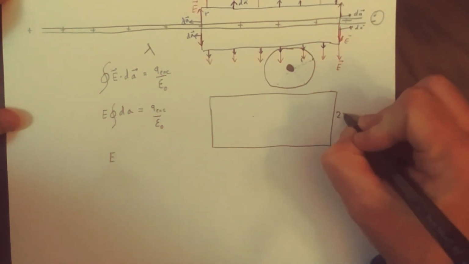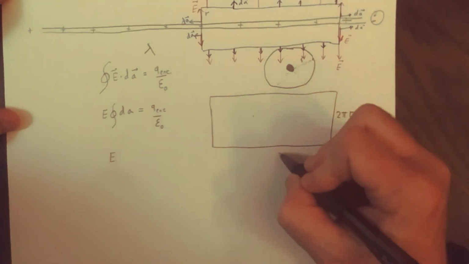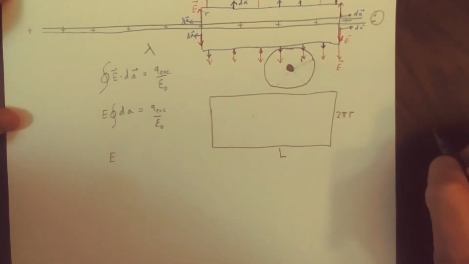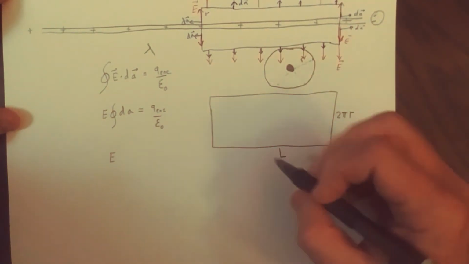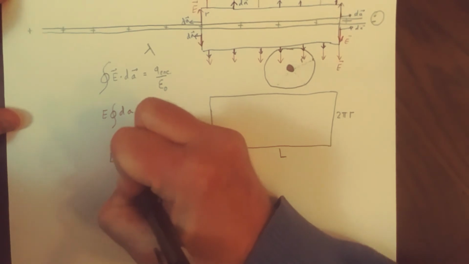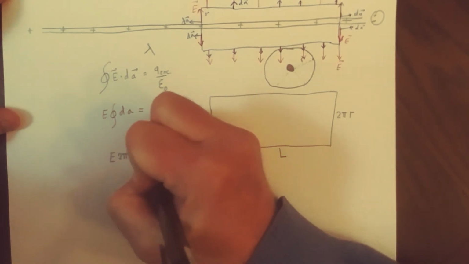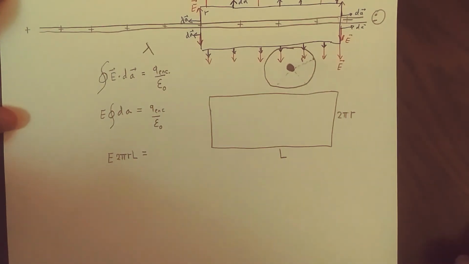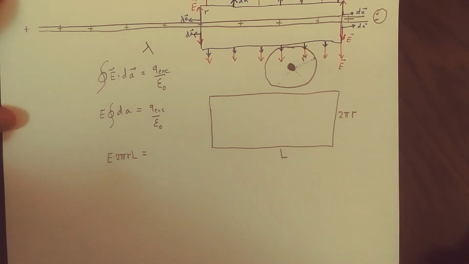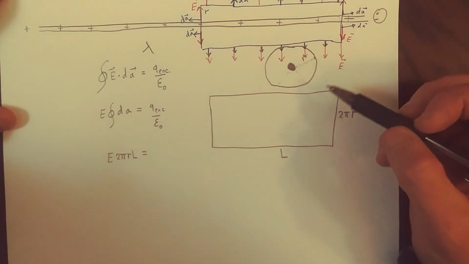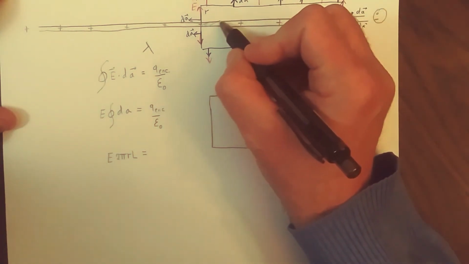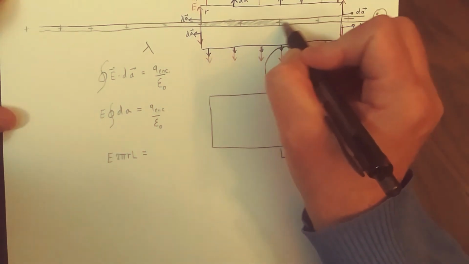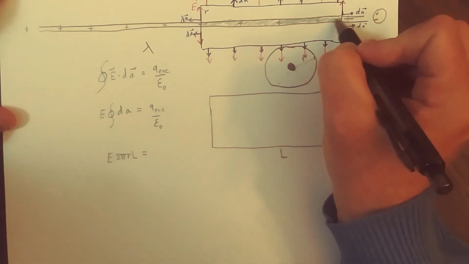So this side is 2 pi r, and this side we have to choose. Let's just call it L, however long we made it. And so we get that whatever the electric field is, times 2 pi rL, that's the left-hand side of Gauss's law. And on the right-hand side, we have to look and see how much charge is inside. Well, the charge that we care about is all this charge. That's the charge that's inside of our closed surface.